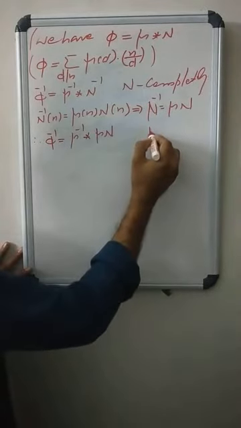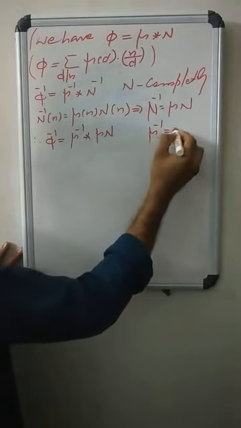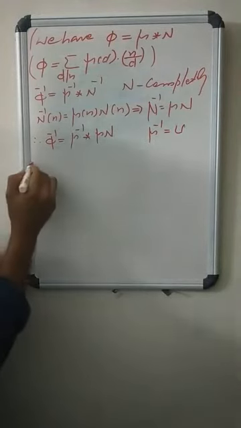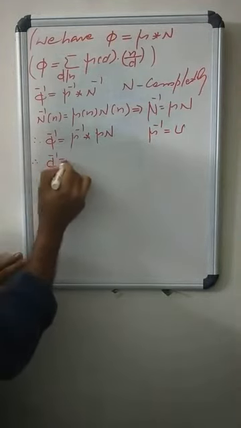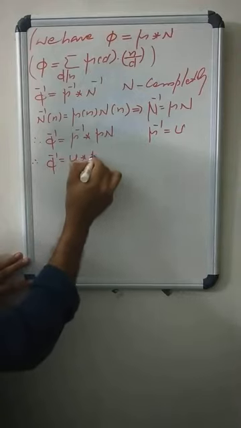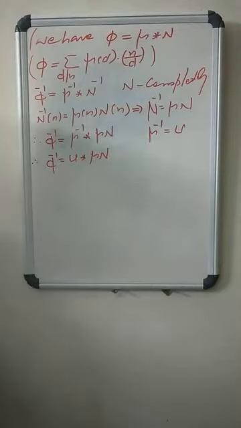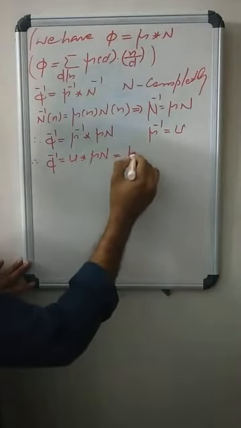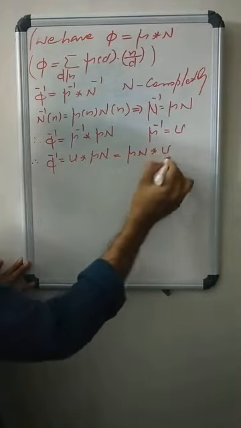Mu and u are Dirichlet inverses of each other, so mu inverse equals u. So phi inverse equals u star mu N. Since star is commutative, it is mu N star u.